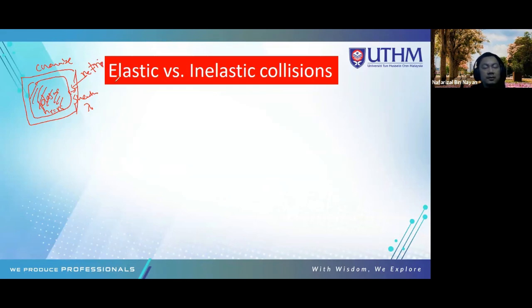Okay, so what happens inside this plasma when we have an equal number of electrons and ions? There will be a lot of collisions. This collision can be elastic, it can be inelastic. So what is the difference between elastic and inelastic collisions?